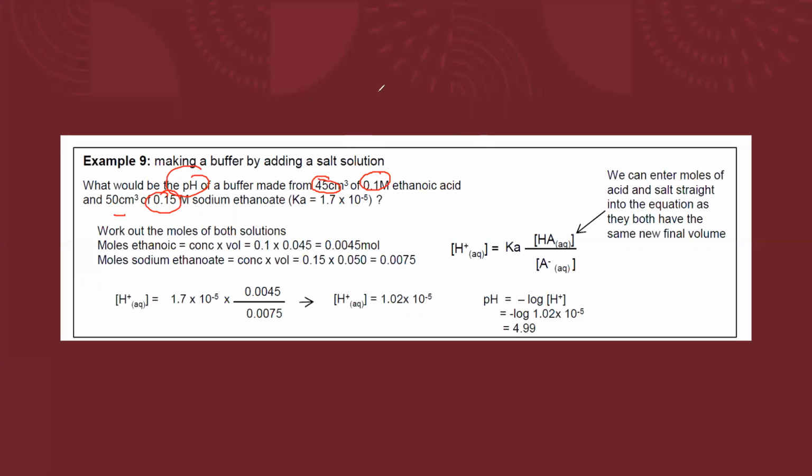So the formula, as we know, is that the hydrogen ion concentration is Ka multiplied by the concentration of acid divided by the concentration of salt. So what is the concentration? Because we are mixing ethanoic acid with a salt, sodium ethanoate.